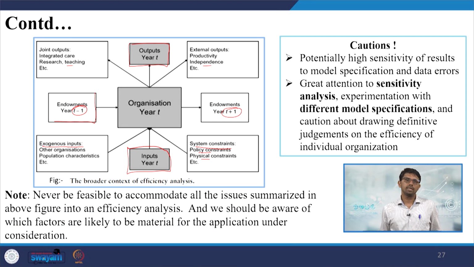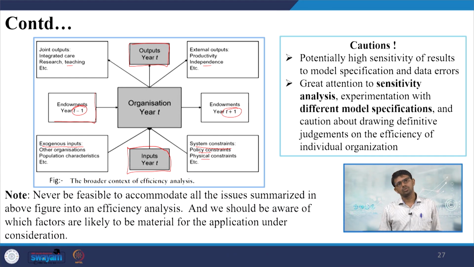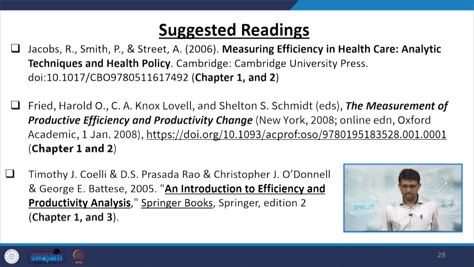It has to be noted that it will never be feasible to accommodate all the issues summarized in the above figure into the efficiency analysis, and we should be aware of which factors are most likely to affect the model under consideration. Okay, so these are all the very foundation to productivity and efficiency analysis.